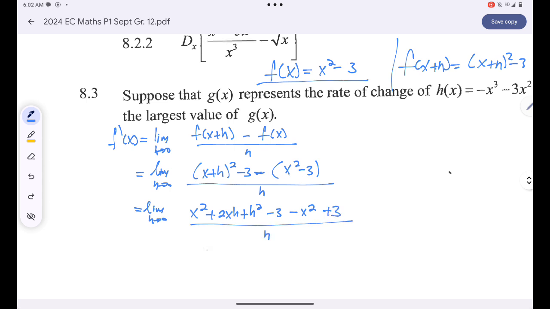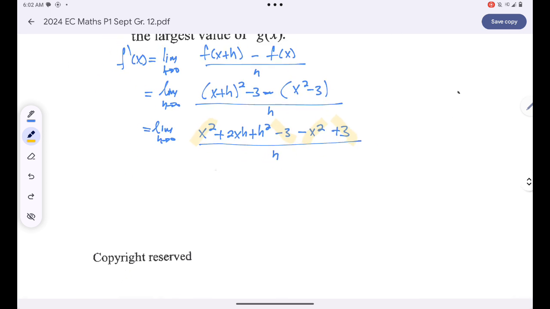This is all divided by h. And I can see that this will subtract that one, and then the negative 3 will subtract the positive 3. So I'll basically be left with the limit as h approaches 0 of 2xh plus h squared all over h.